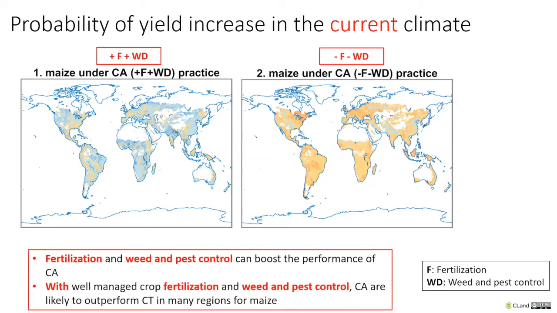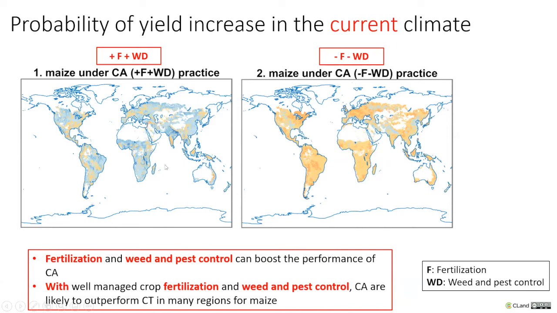We also studied how farming practices affect the performance of CA. Here, the left is CA with fertilization and with the control of pests and weeds, and the right side is without fertilization and without the control of weeds and pests.